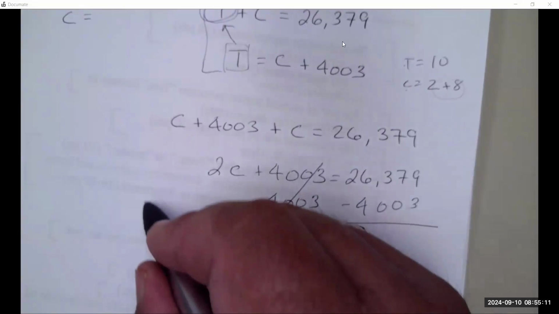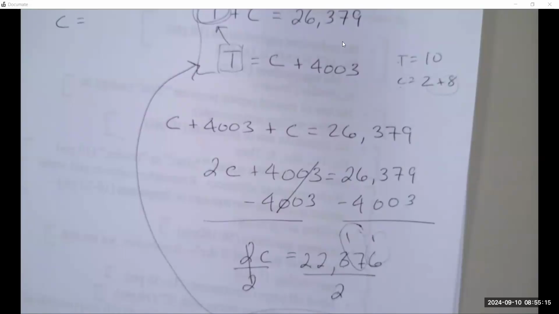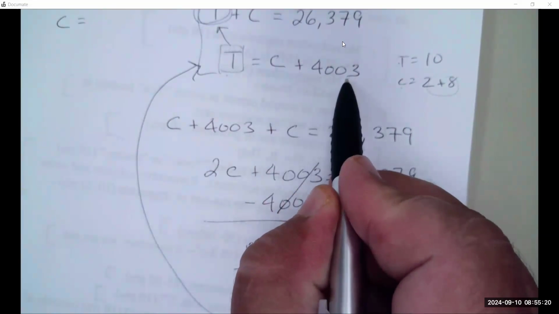And now, since we know what C is, we go back to where we have Texas defined. The number of Texas stores is C plus 4,003. So 11,188 plus 4,003. So Texas has 15,191.